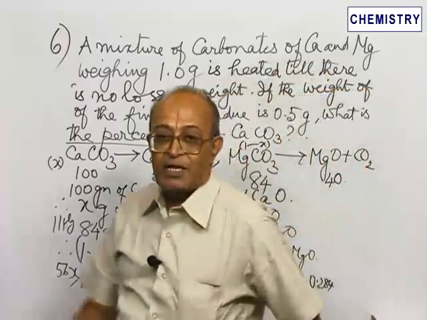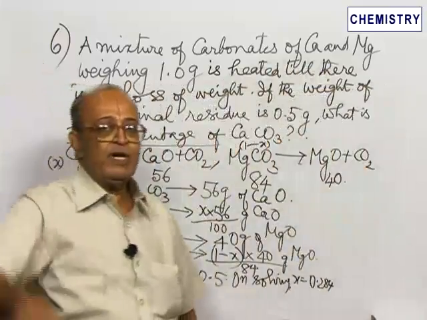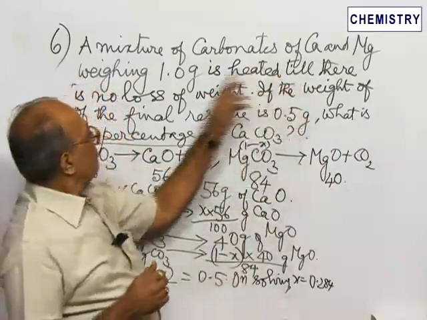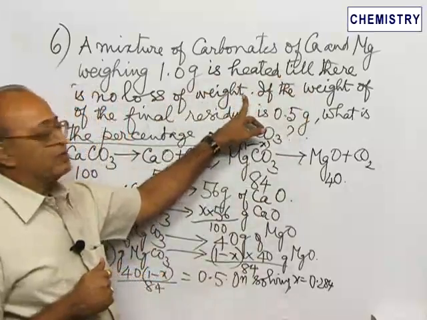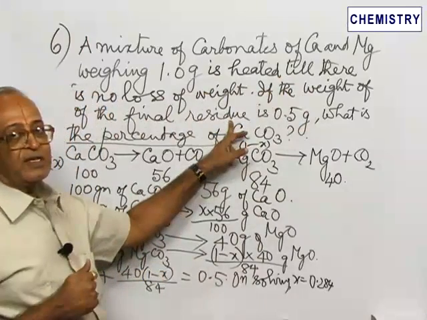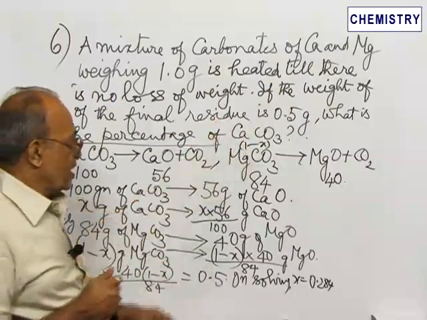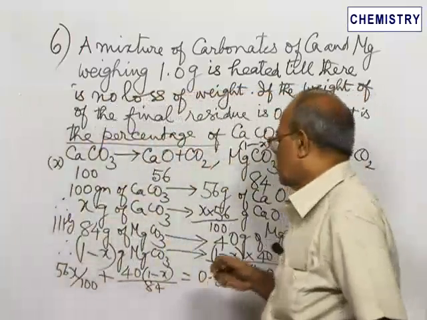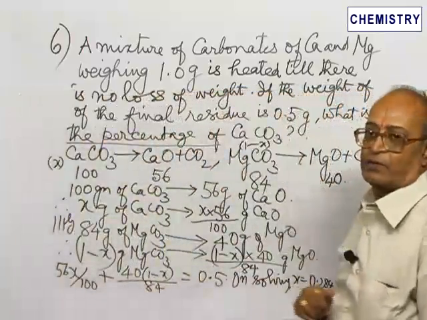That means the reaction takes place completely. That is what is meant by till there is no loss of weight. The weight of the final residue is given. That is CaO plus MgO is equal to 0.5.